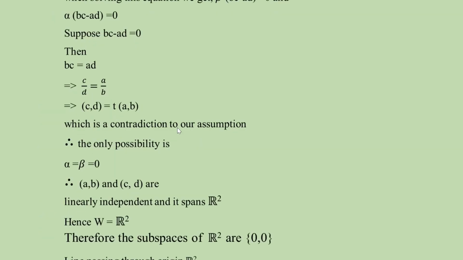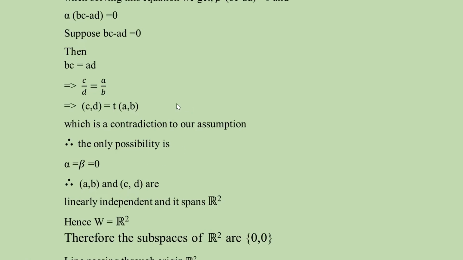So this is a contradiction to our assumption. Therefore the only possibility is alpha and beta equal to 0. Therefore we can conclude that the vector (a, b) on the line and (c, d) not on the line are linearly independent, and they span the whole R2.